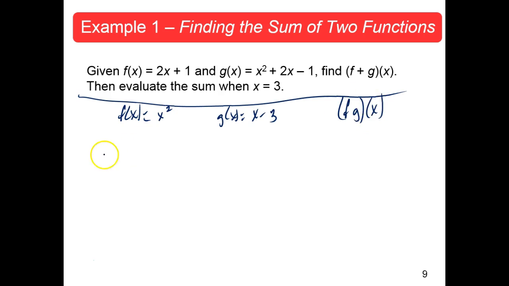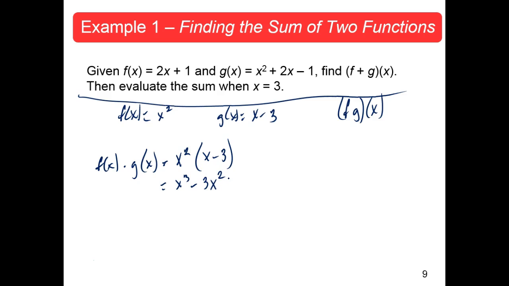And what is that defined to be? f of x times g of x. And that would be x squared times x minus 3. And what would that be? x cubed minus 3x squared.